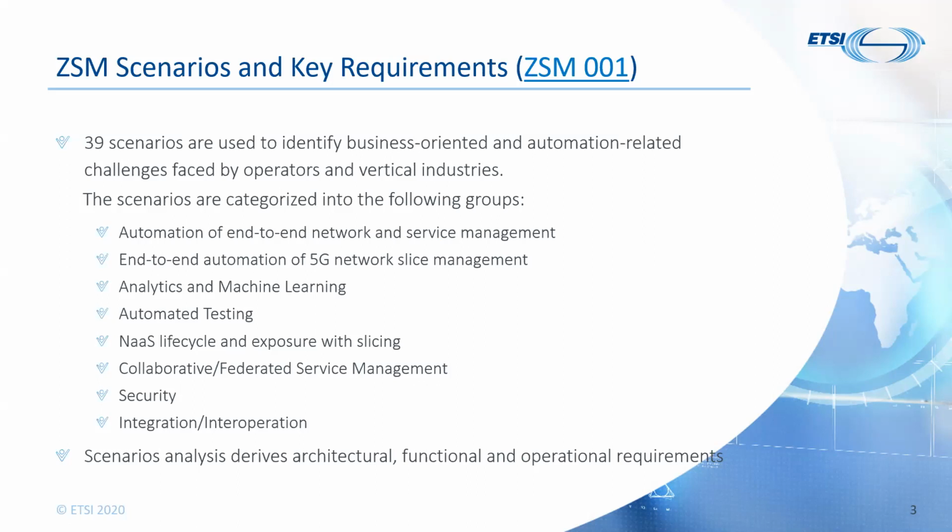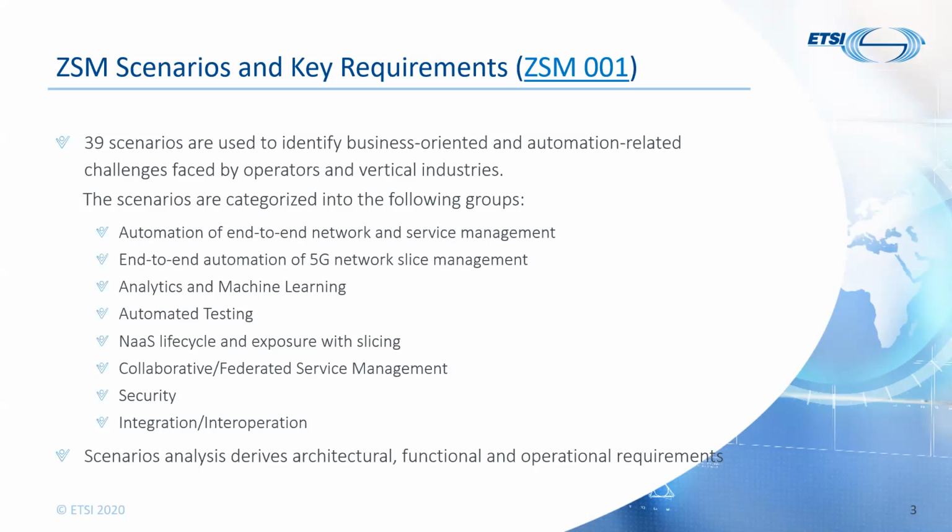We have a few security business requirements that are related to the capability of ZSM to troubleshoot encrypted traffic. And integration and interoperation. An example here is the ability to support interworking with legacy management systems.